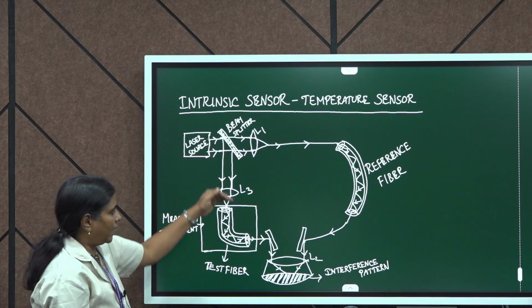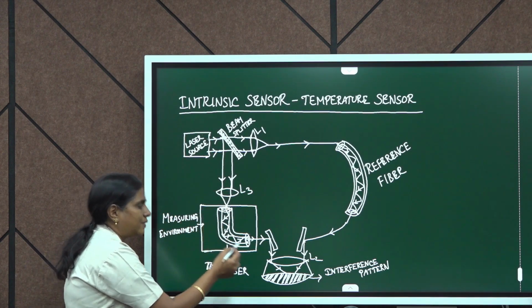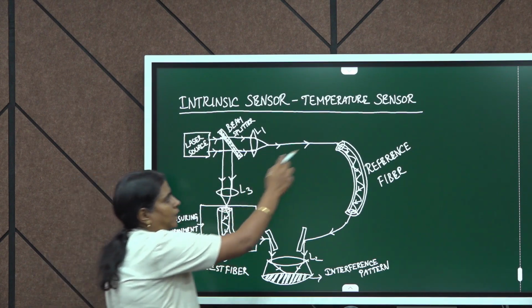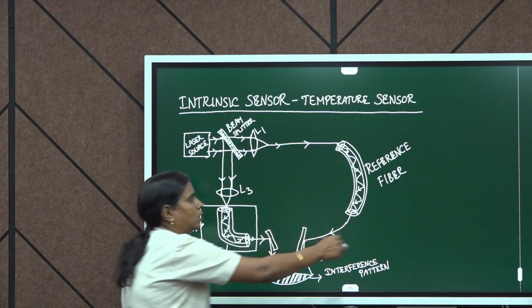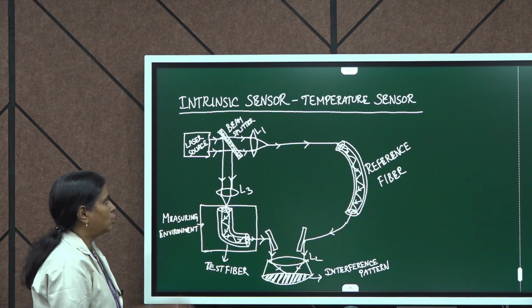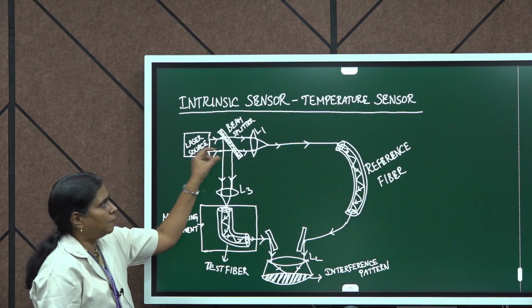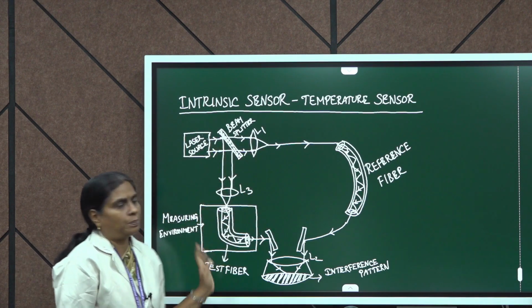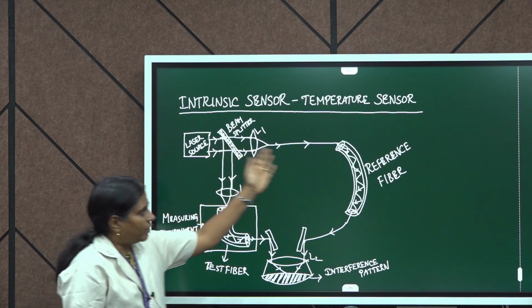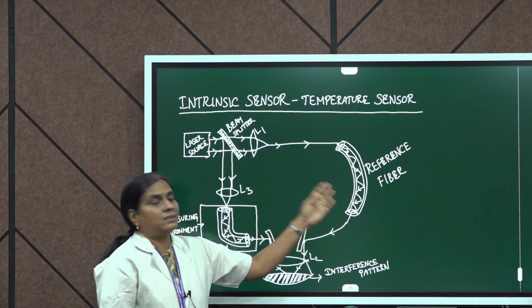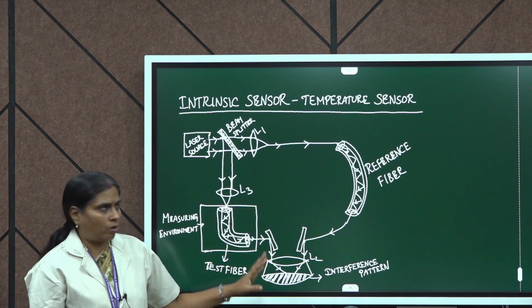One part of the light is sent to the testing fiber and the other part to the reference fiber. The lenses are used to focus the laser light into the fibers. Through the reference fiber, the light is not affected by any environment.